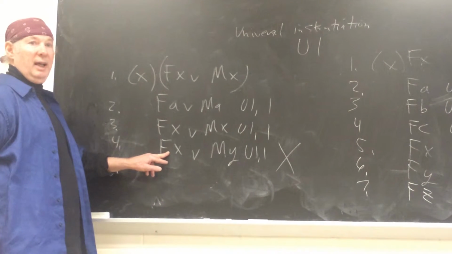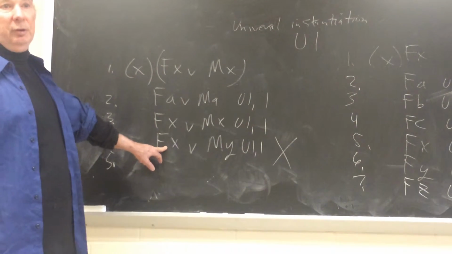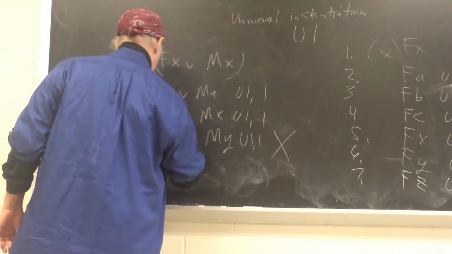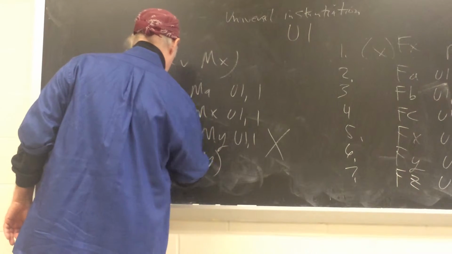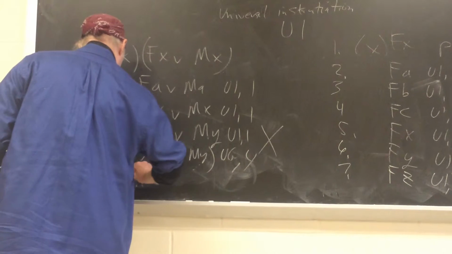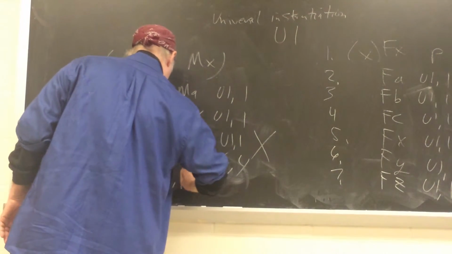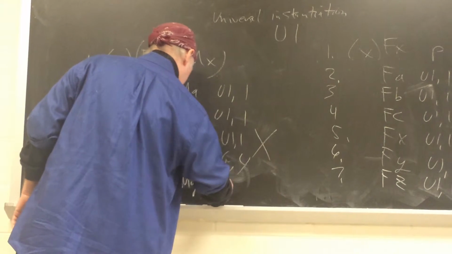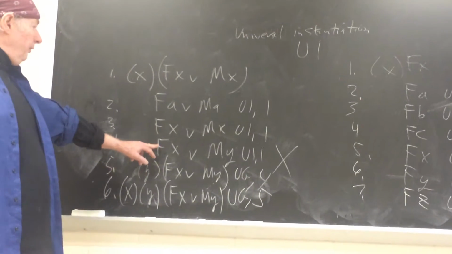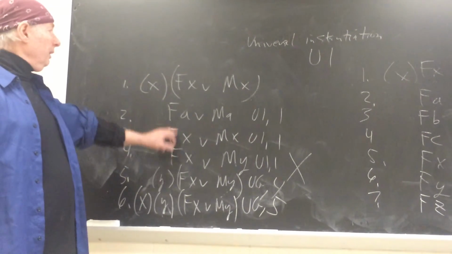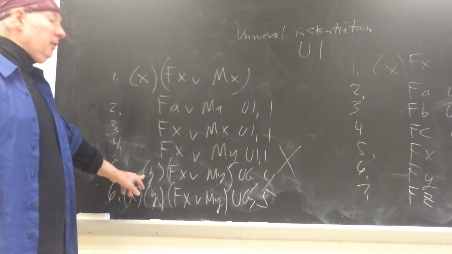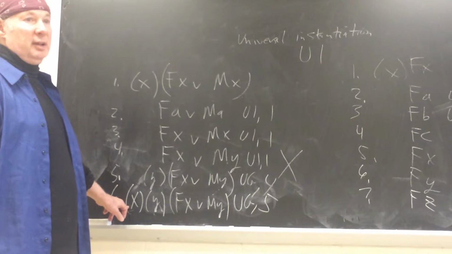Let's focus on this, and you haven't learned how to add quantifiers yet, but let's suppose we do. Okay, if line 4 validly followed from that premise, then you could validly infer line 5 and then line 6.